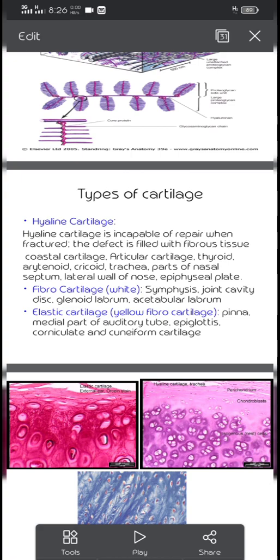Hyaline cartilage is present in the body as costal cartilage. Costal cartilage is that cartilage which attaches ribs to the sternum and the vertebrae. Articular cartilage is present between different joints. Thyroid, arytenoid, cricoid, these cartilages are present in the neck region of the human body.